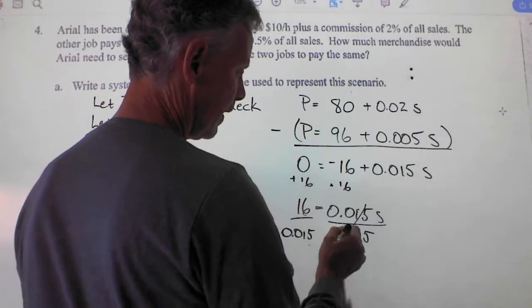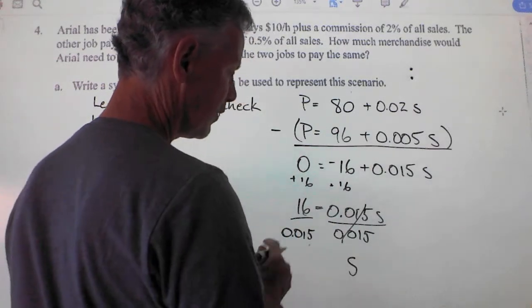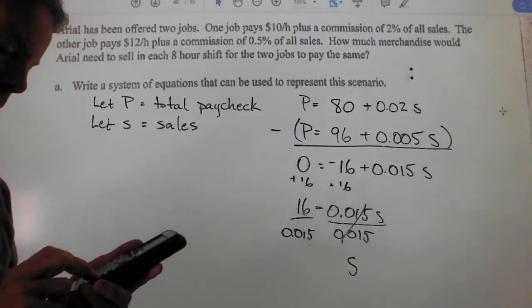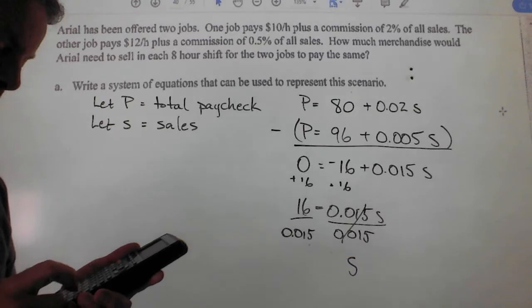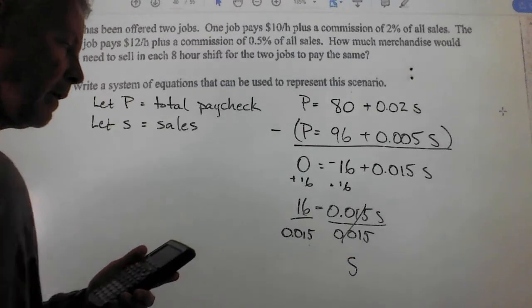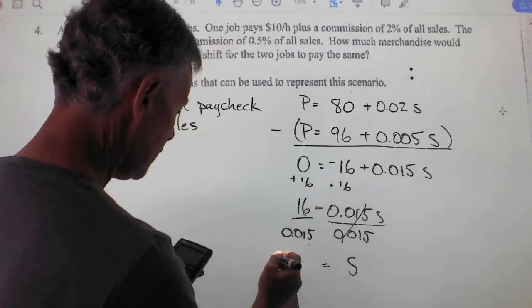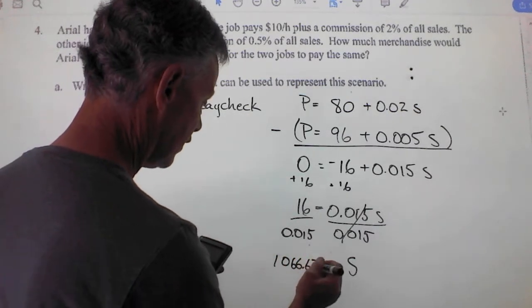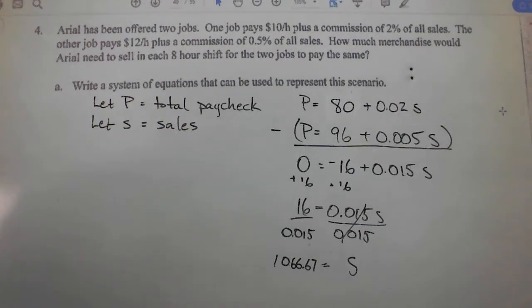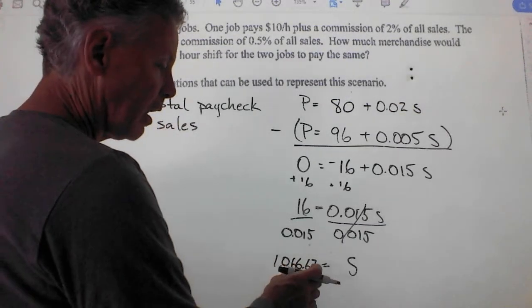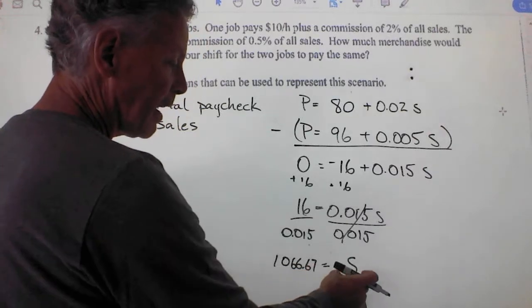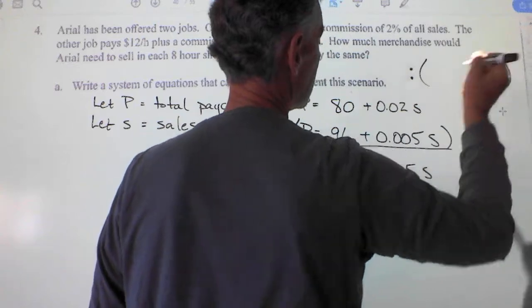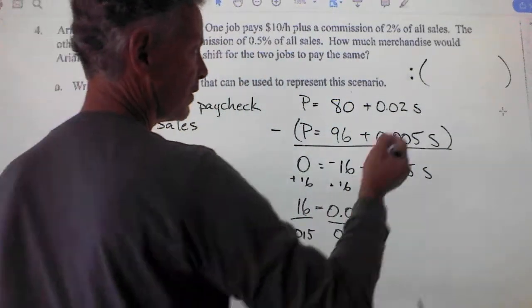They cancel on this side, giving us S. On this side, give me a minute. That gives us $1,066.67 for our sales. So this is our S value, 1066.67.